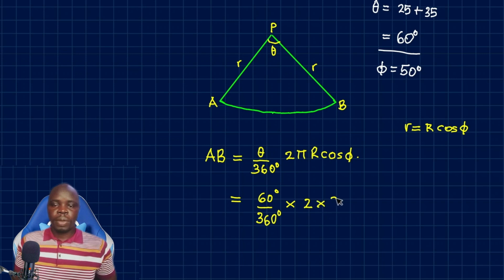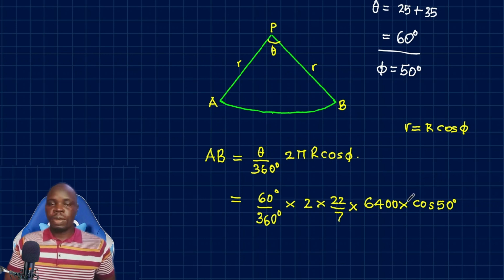Then pi was given to us as 22 over 7, and we multiply this by the radius of the Earth, that is 6,400, and we multiply this by cosine of the angle 50, which is the angle that came from the latitude on which the two towns lie.